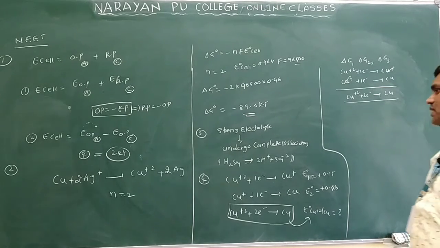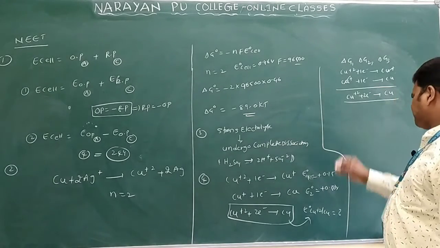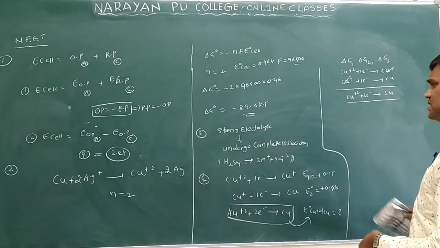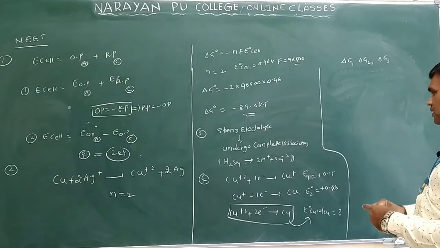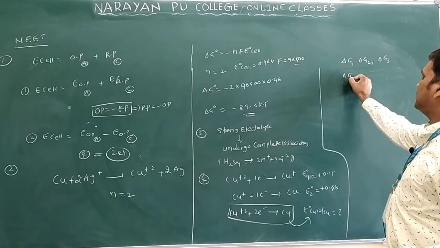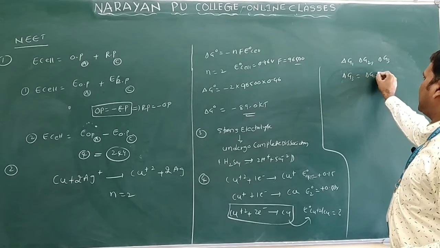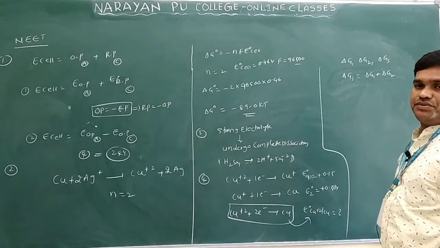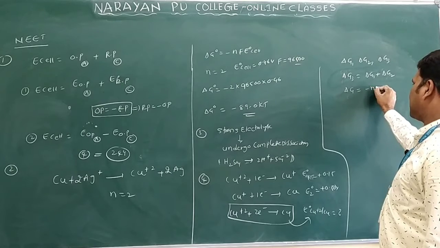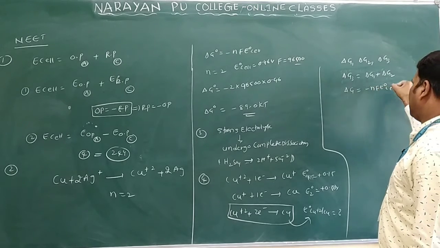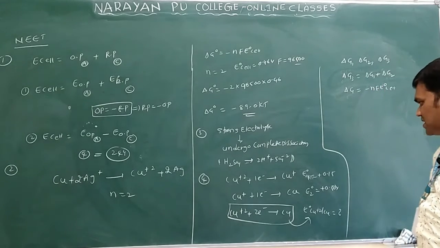The third equation we can write like this: delta G3 is equal to delta G1 plus delta G2. You know that delta G is generally minus nFE0.